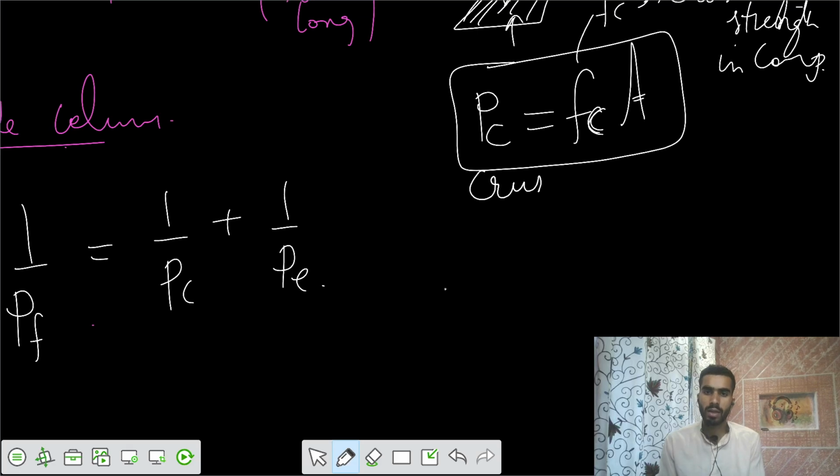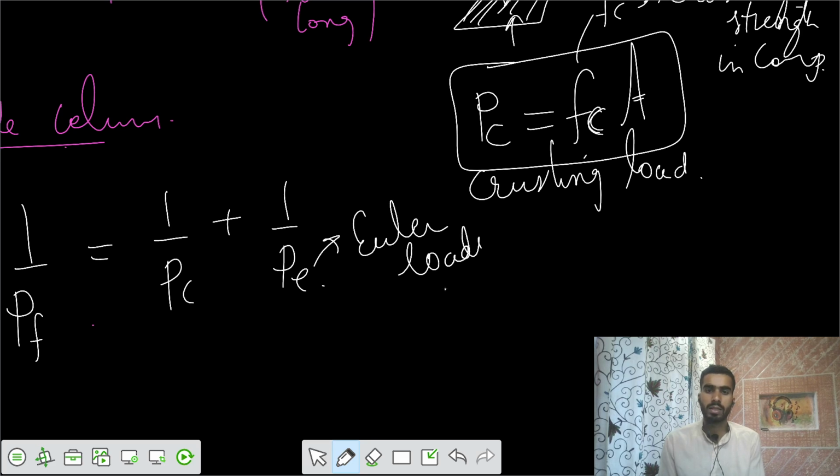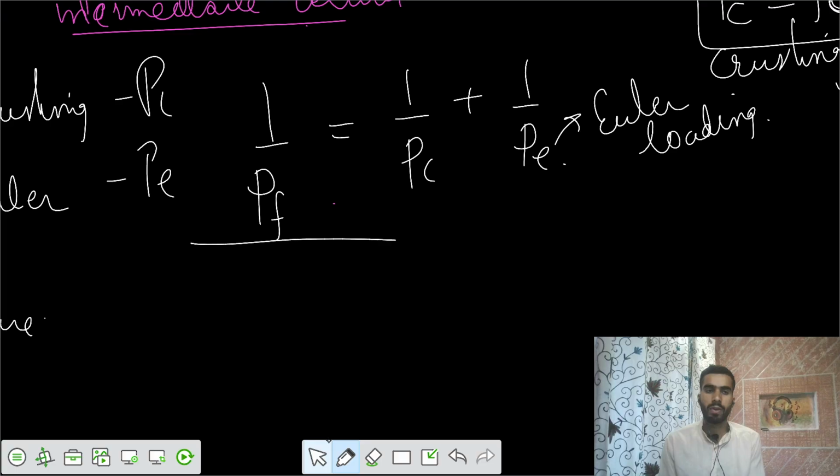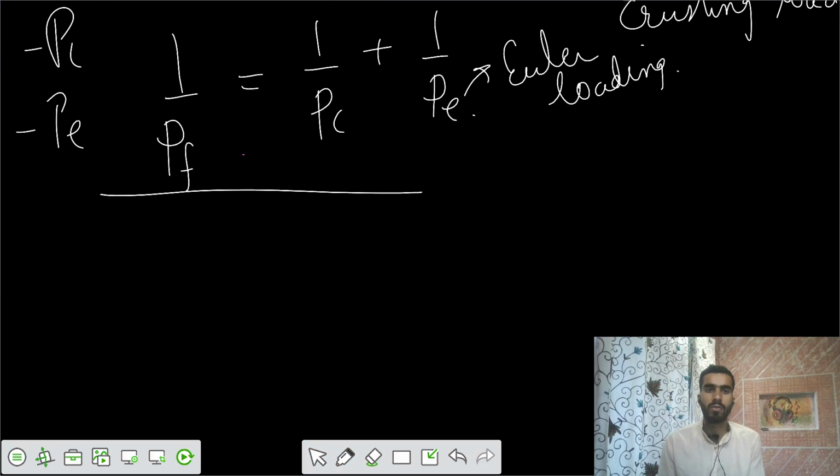Let's write that as crushing load, and PE is your Euler's load that you already know, that is PCR, Euler's load, and your PF is your failure load.